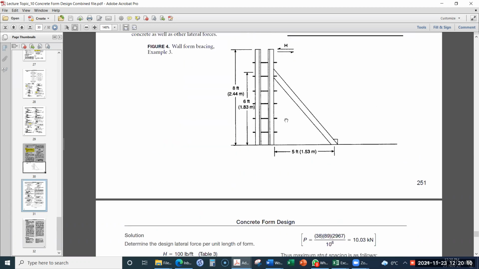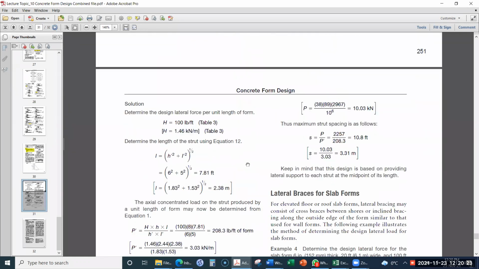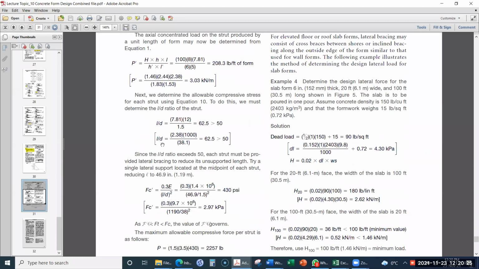From the theory of the column, we should understand that we should design this strut as a short column. So for this short column, the L over D ratio should be less than 50. But here you can see that it is 62.5. It is greater than 50. So we should make it less than 50.